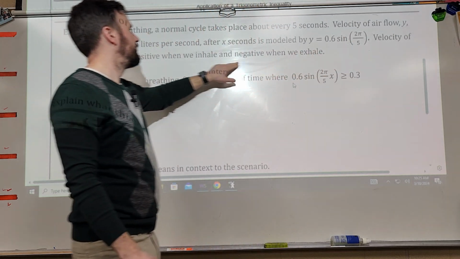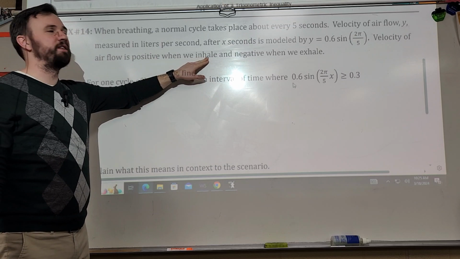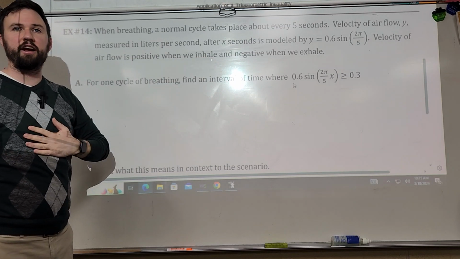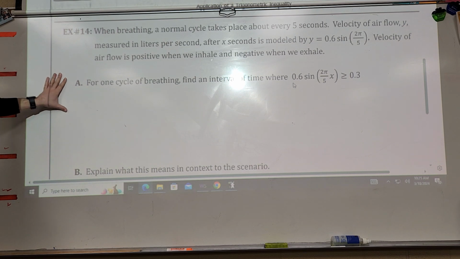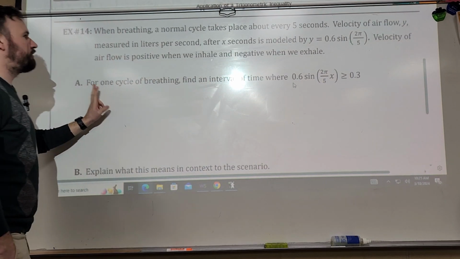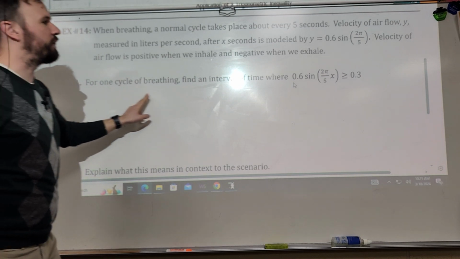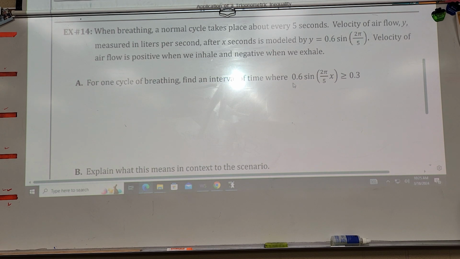So periodic function. Velocity, it just says it's positive when we inhale, negative when we exhale. So we increase our air pressure, then we decrease it. Make sense? So for one breathing cycle, when is your breathing greater than or equal to 0.3 for velocity? This would be a non-calculator one.